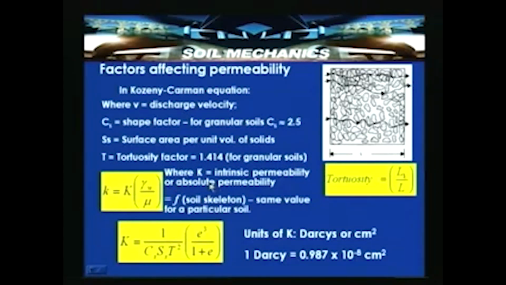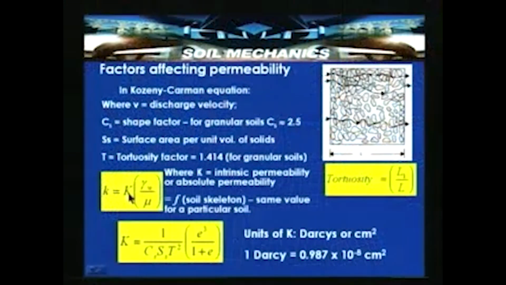This Kozeny-Carman equation can be simplified as K, which is Darcy's coefficient of permeability, as capital K times gamma w by mu. Here the capital K is defined as intrinsic permeability or absolute permeability, which is a function of the soil skeleton, and which is constant for a particular soil type.